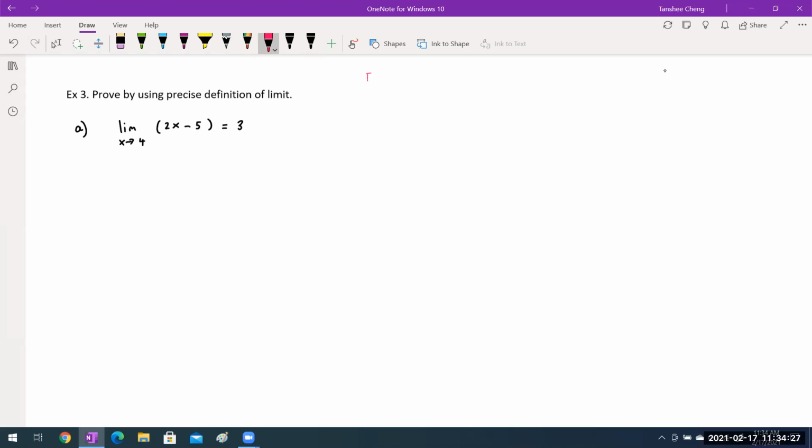So we also need to remember that, for every epsilon, there exists a delta such that the absolute value of x minus a is less than delta. If then statement: if so, then the absolute value of f of x minus the limit is less than epsilon.